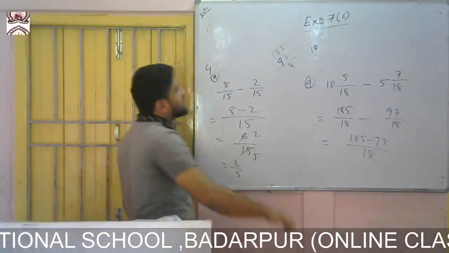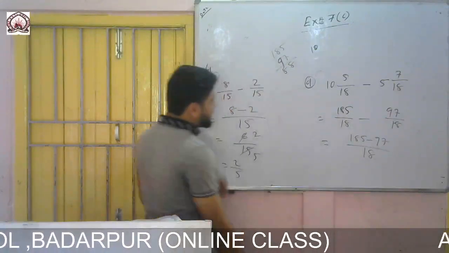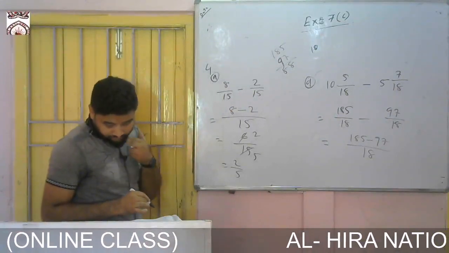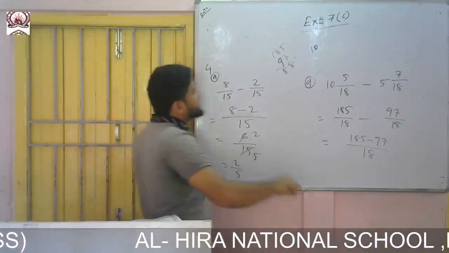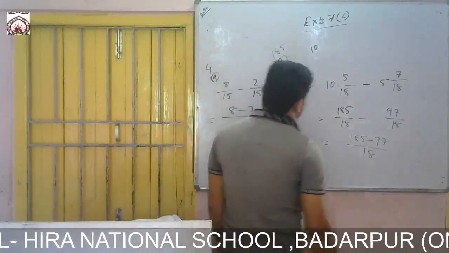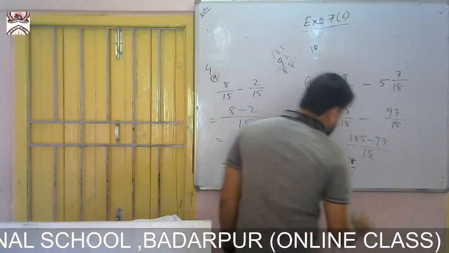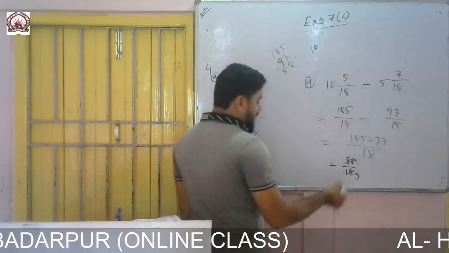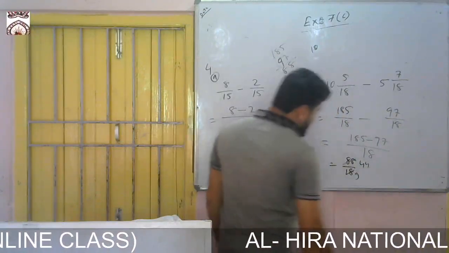So if I take from there, it is 17, it will be 88. So if I subtract, then it will be 88 by 18. Now you can cancel this one. 9 2s are 18, with 2 I am cancelling, 44 2s are 88. Then 44 by 9.